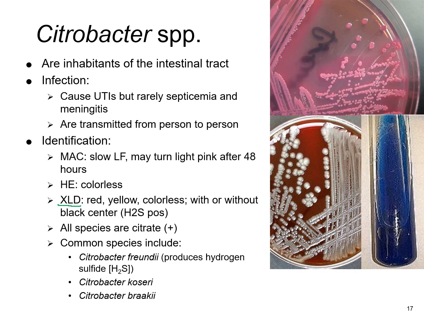All of them are citrate positive, and so here you have the citrate test in which you get that really pretty bright blue color on that citrate agar. And so you do have a couple of different species, but again, some of them do produce that H2S and some of them do not.